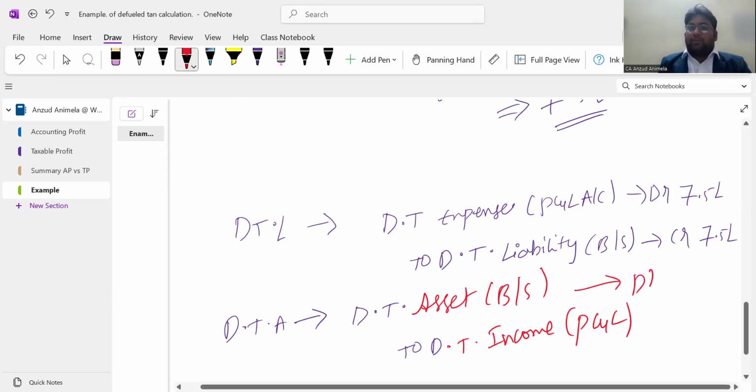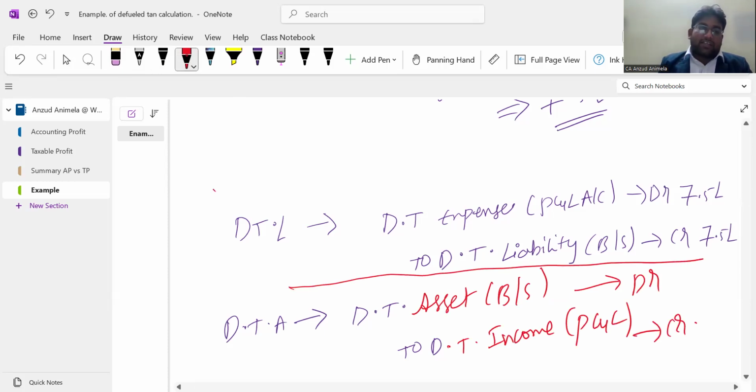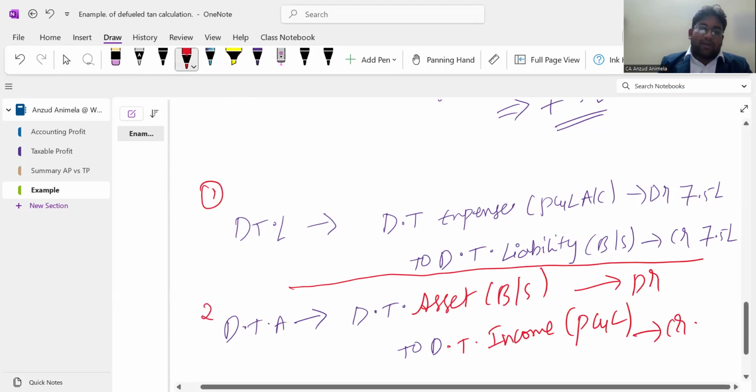This would be the debit and this would be the credit. In the current situation, the first entry has come. Deferred tax liability has come. Deferred tax asset we may find in some other situations. So this is all about the deferred tax concept.